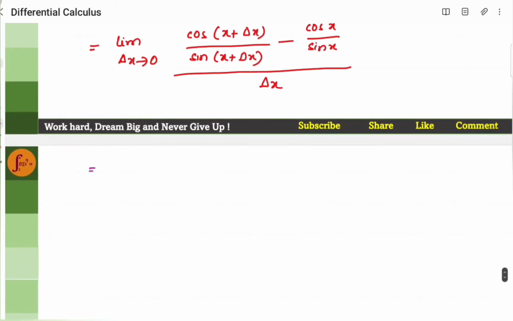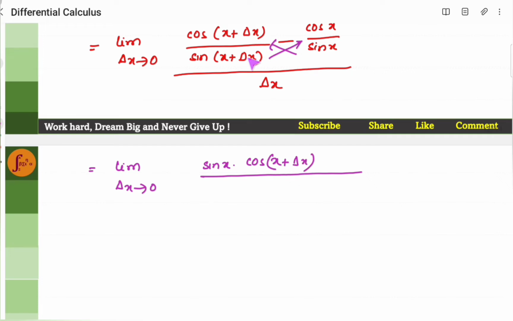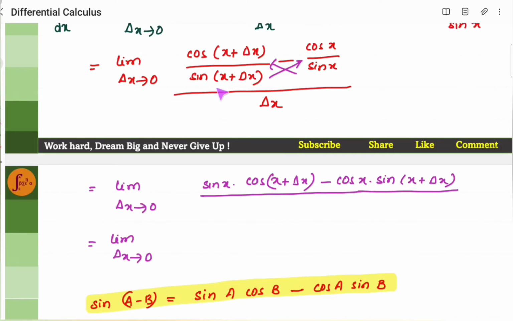So this is going to be, I can either take LCM or cross multiply. If I cross multiply like this, I'll get sin x into cos of x plus delta x, I cross multiply this and this, minus cos x into sin of x plus delta x, by sin of x plus delta x into sin x, we have to multiply the denominators.